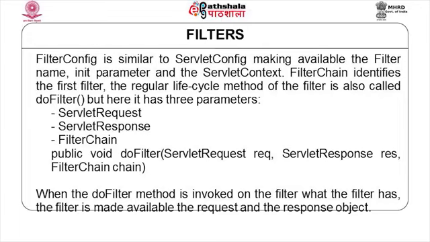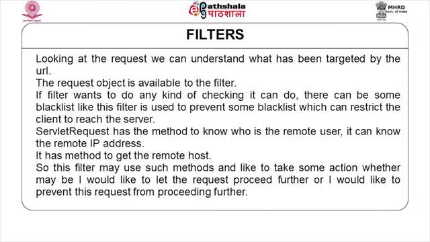It can look at the various aspects of the request, what is being targeted, it can get hold of the URL and every other thing. The request object is available to the filter. If the filter wants to do any kind of checking, it can do that. Maybe there is some blacklist, this filter may be just to prevent some blacklisted clients from reaching the server.